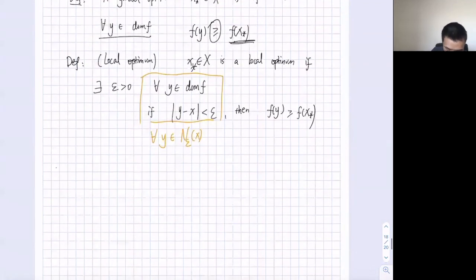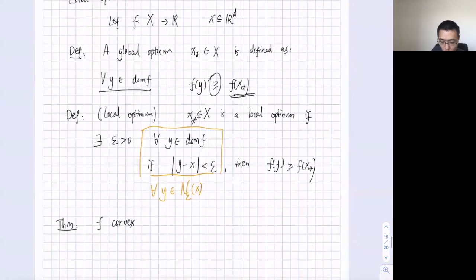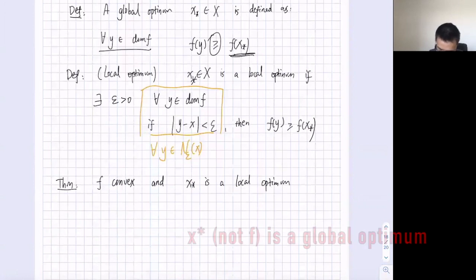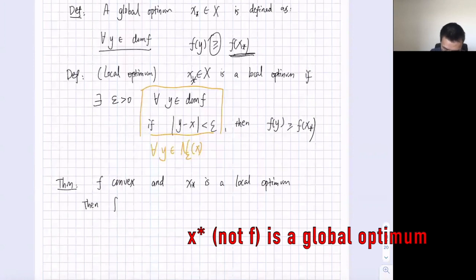So, theorem. If f is convex, again from a domain to the reals, and x star is a local optimum, then x star is a global optimum.